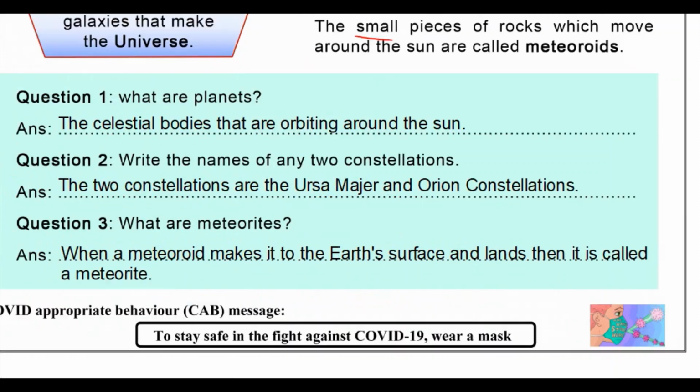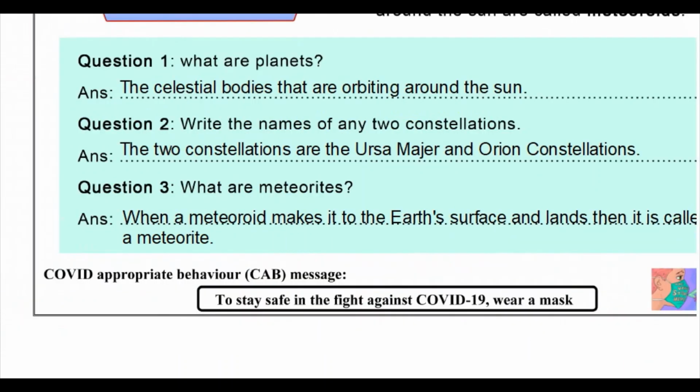Okay, now let us come down and see what is written over here. So we have question 1 to us, and let's see what is question 1. What are planets? It is very easy. Planets are the celestial bodies that are orbiting around the sun. They don't have their own light source. Now question 2 over here: write the names of any two constellations.